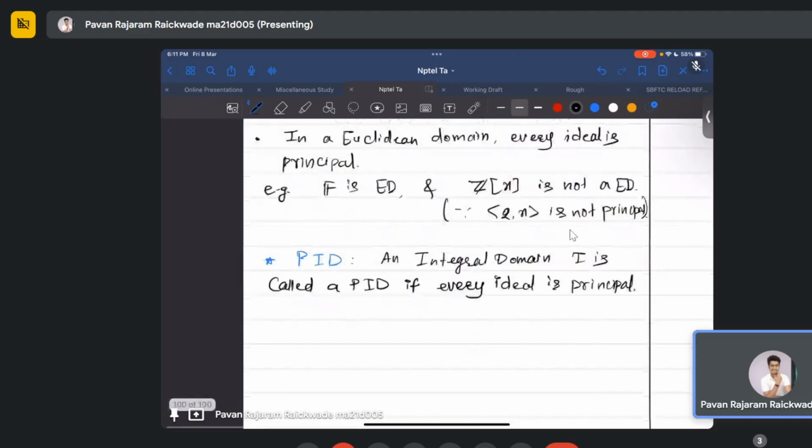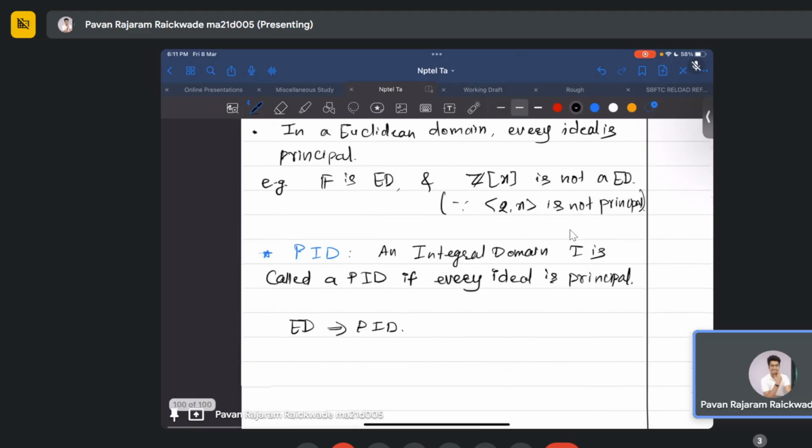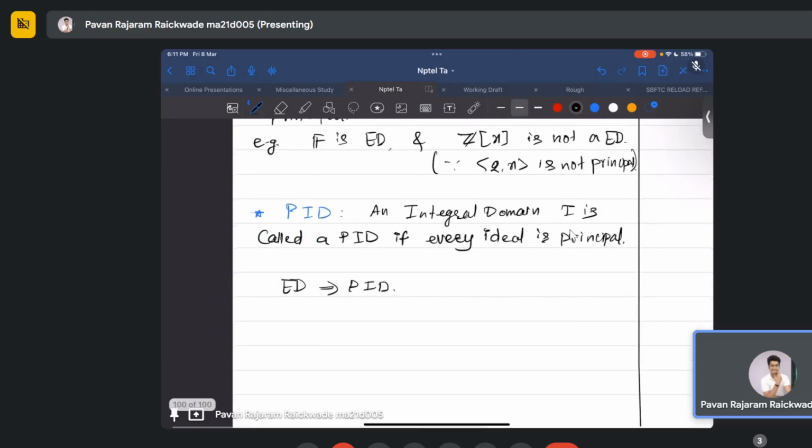So naturally, every ED implies PID, because we already saw that in a Euclidean domain every ideal is principal, hence by definition it's a PID. Now, what are the important properties covered in these two major classes of integral domains, ED and PID? That we will see further.